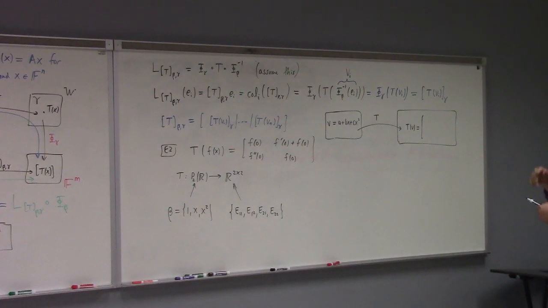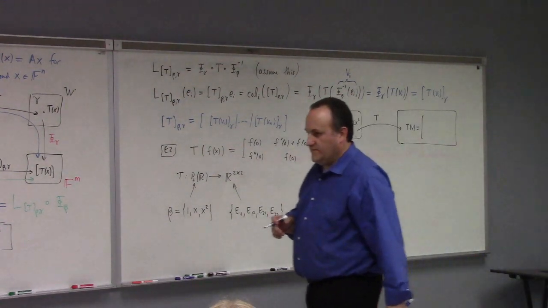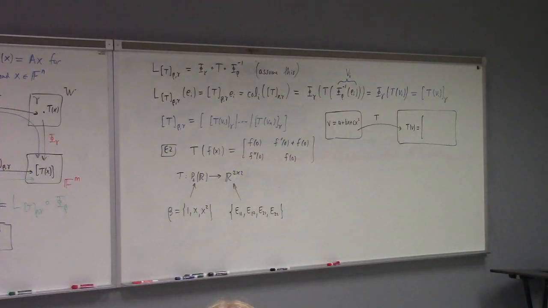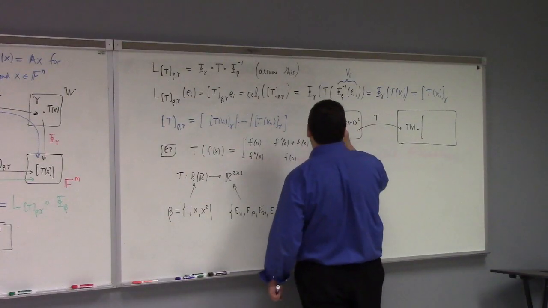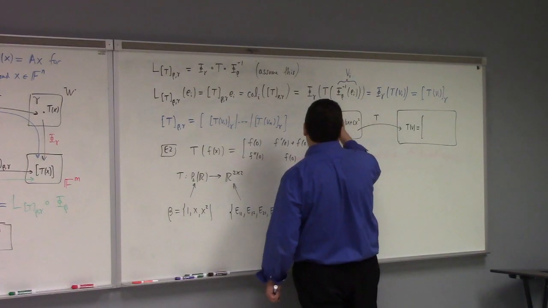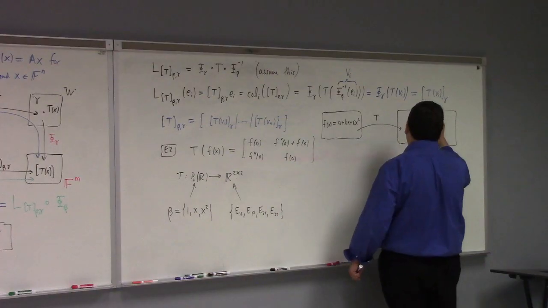Can you guys help me out with that? What is that? We'll start out small. What's f of 0? Maybe I should have called it f instead of v. My own stupid fault. Now let me call this f of x so it's less weird. Just a, all right.